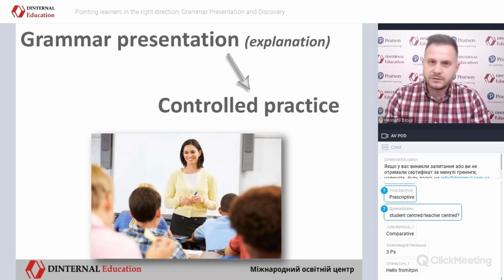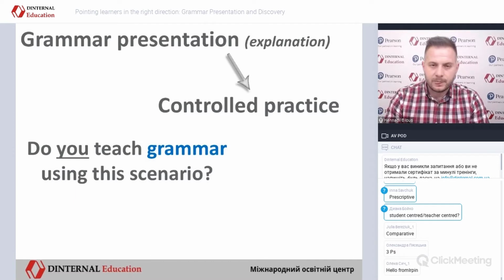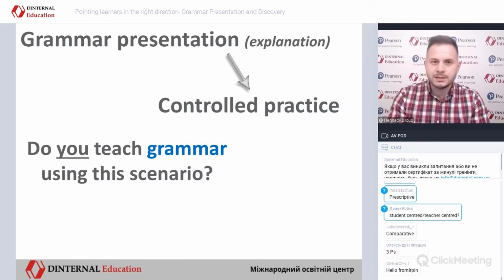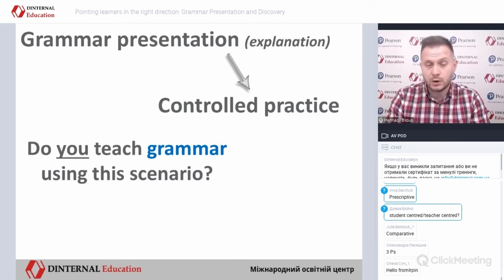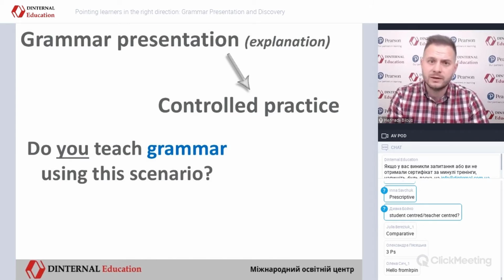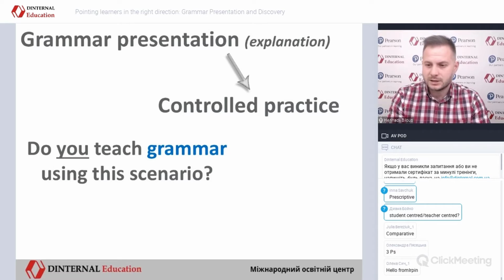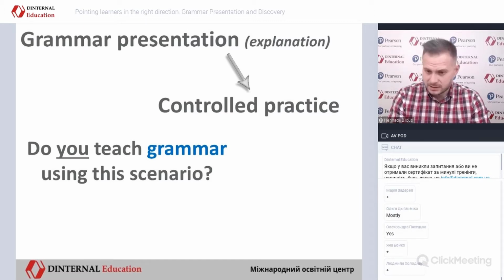So the question from me is this, guys. What about yourself? Again, in the chat boxes, please put yes or no, plus or minus, if you teach grammar following this scenario. So again, in the chat boxes, just a quick yes or no if you teach grammar using this scenario. Okay, mostly yes, and a plus, and another plus.